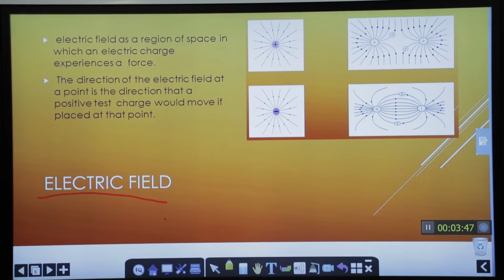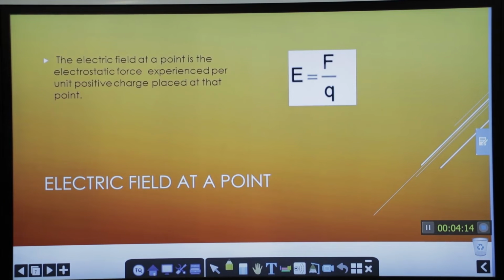The direction of the electric field at a point is the direction that a positive test charge would move if placed there. I think I've explained that. Electric field lines never cross each other, and they're always pointing towards the negative. Alright, I think that's a quick revision of some work that you have done in the previous grades that involves the electric field diagrams.